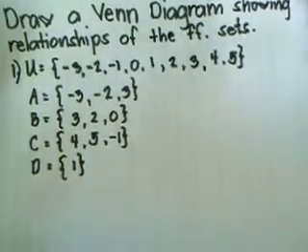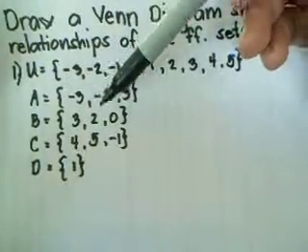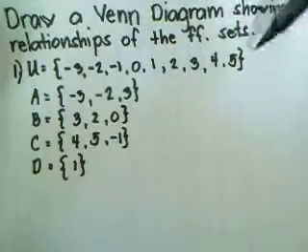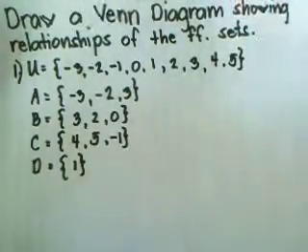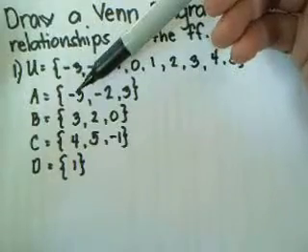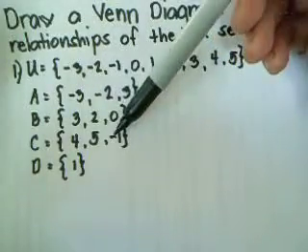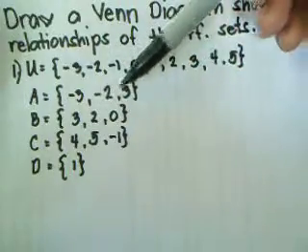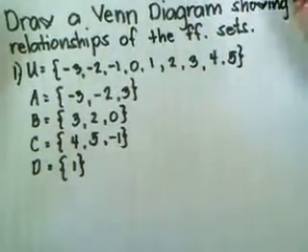So we can say that the elements of A, B, C, and D can be located in the elements of the universal set: -3, -2, -1, 0, 1, 2, 3, 4, and 5.